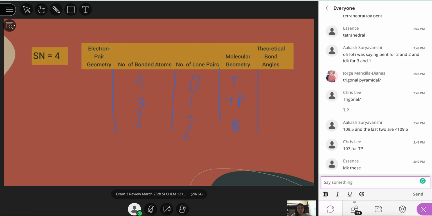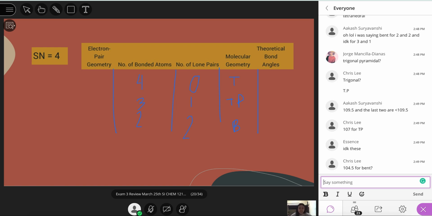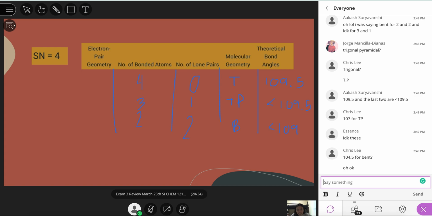Also, if you don't know bond angles now, it's really easy when you memorize it because it's all part of the same degree for each steric number. It's just, oh, if it's more or less than. And actually Akash is right. It's going to be 109.5 for the first, and then the last two are also going to be less than 109.5. 104, I think that might be a typo. 104 is not part of the bond angles at all. So, yeah, this is what you would want to memorize.